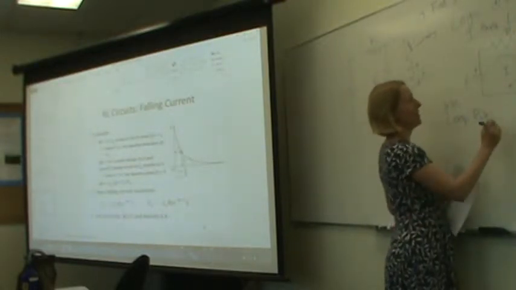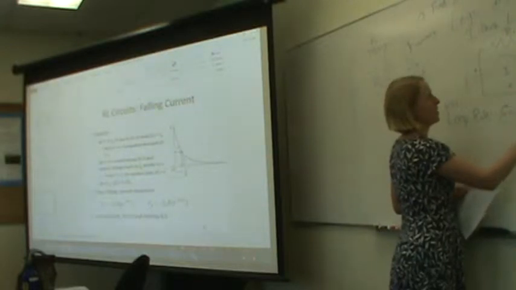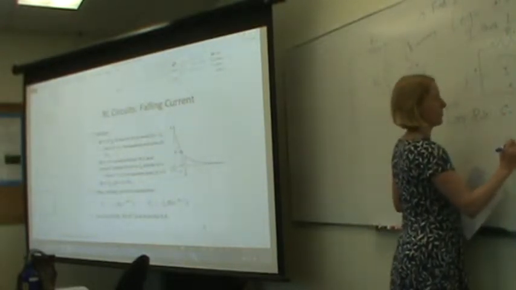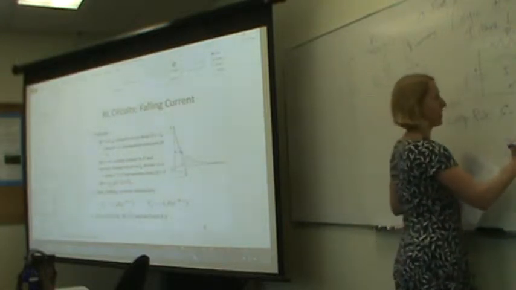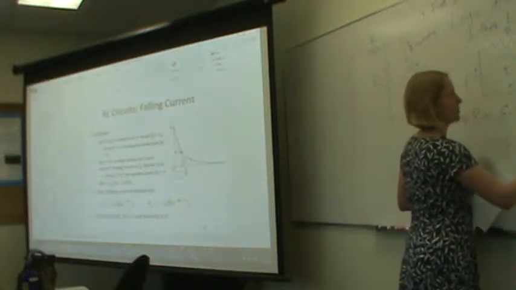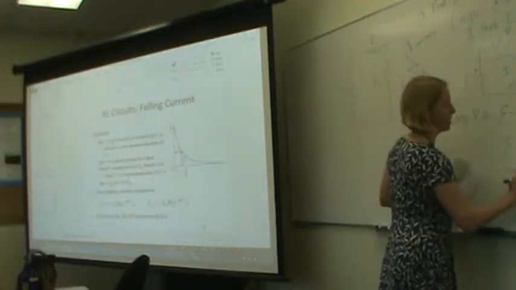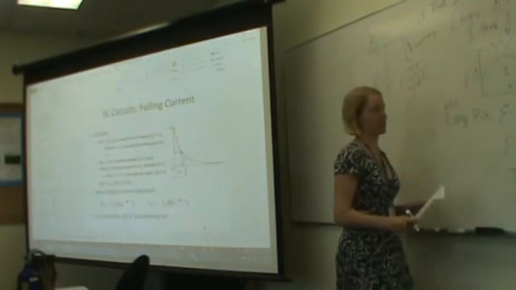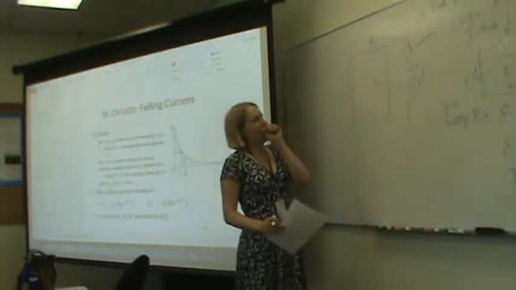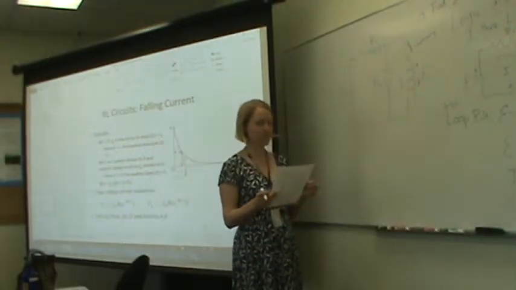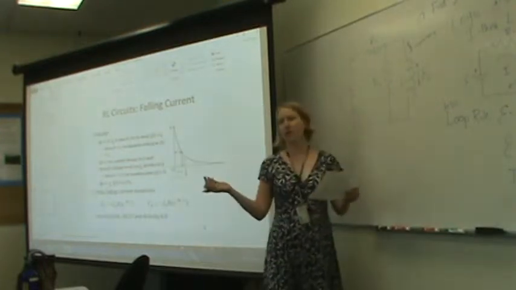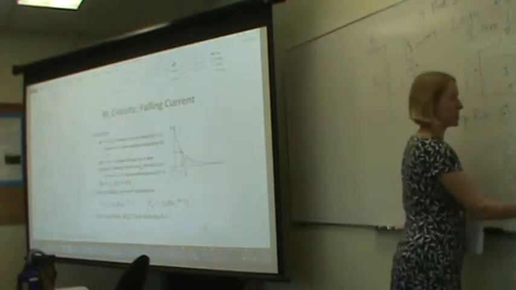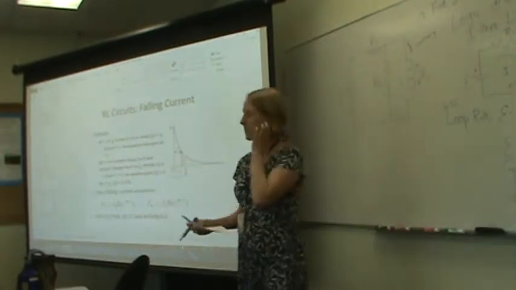Okay, so E minus IR1 minus IR2 equals 0. Solving for E, we have I times R1 plus R2. Solving for I, we have E over R1 plus R2. So that's what Derek said. We don't have any numbers, so that's the answer. Any questions about that part?